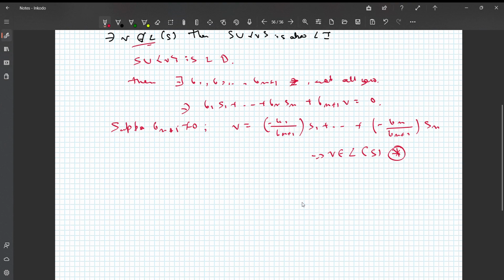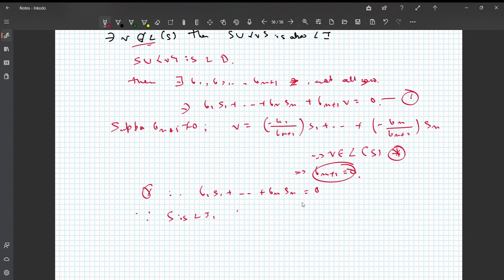Because we are told that v is not in the linear span of S. So that typically means that b(n+1) needs to be 0. But if b(n+1) is 0, then b1 s1 till bn sn equals 0. Since S is linearly independent, b1 till bn and all these coefficients must be 0, and that is obviously again a contradiction.